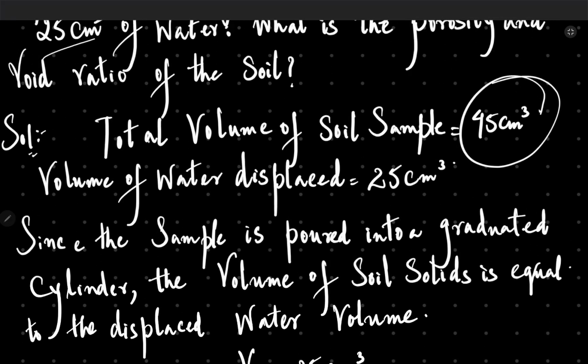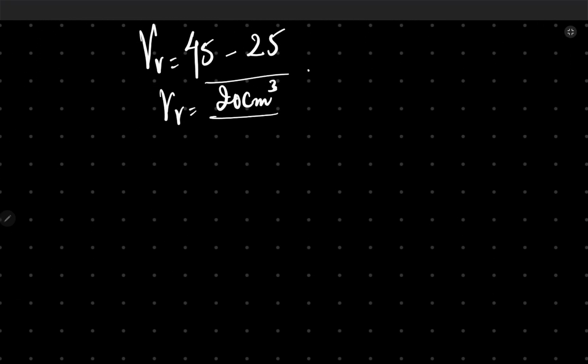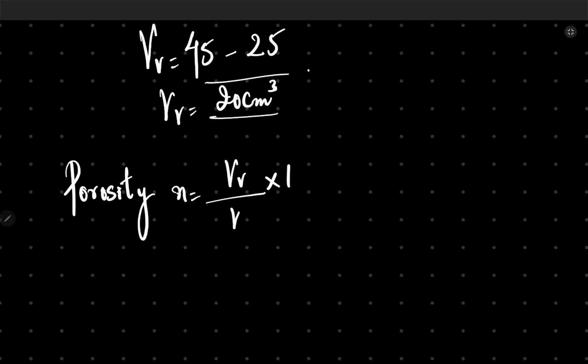Alright. Now what the question asks, what is the porosity and the void ratio? Now I can very easily find the porosity and void ratio. See how? Porosity, denoted by N, is volume of voids divided by total volume multiplied by 100. So N becomes, volume of voids is how much in this case?